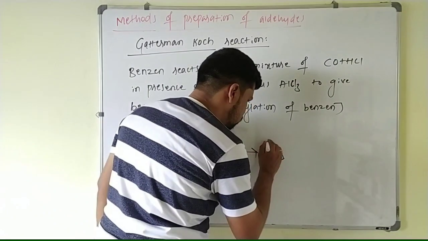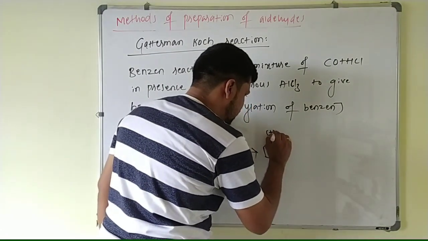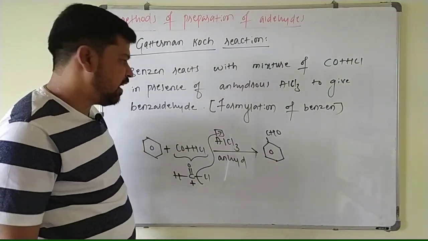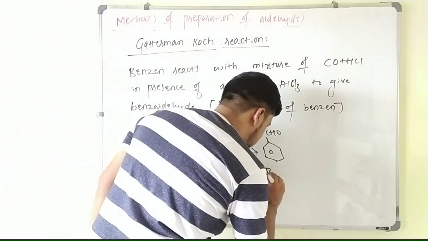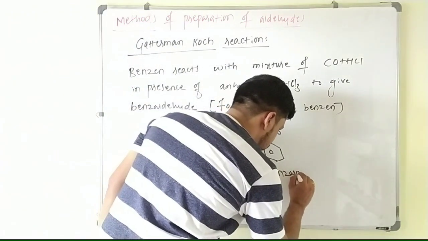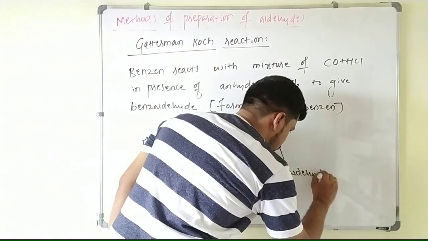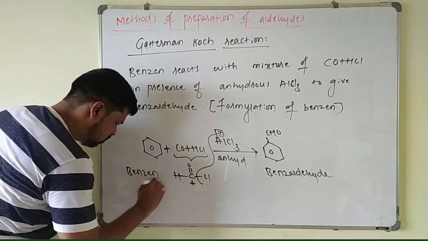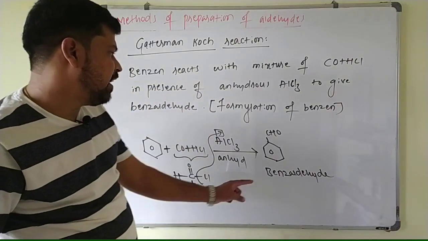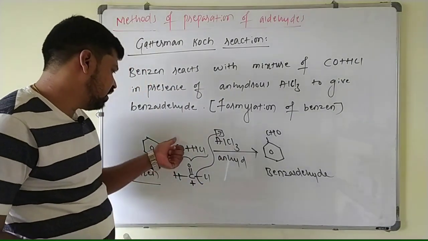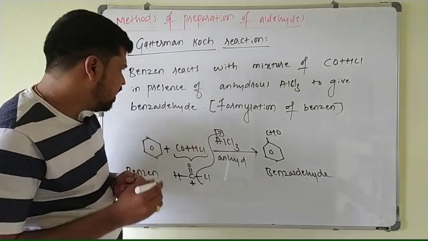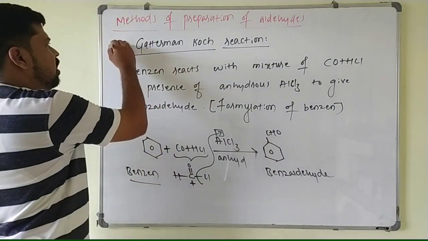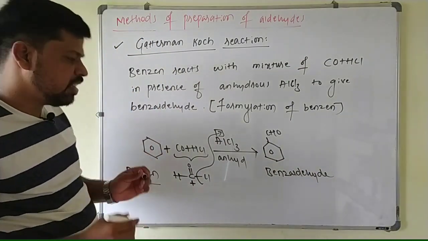So this becomes CHO. This CHO is attached to the benzene ring. This is actually an electrophilic substitution reaction. So you will get benzaldehyde, and this is your benzene. So this is how benzaldehyde is obtained from benzene by treating it with a mixture of carbon monoxide and HCl. It is also called formylation of benzene, and it is the Gattermann-Koch reaction. You have to remember all these named reactions.